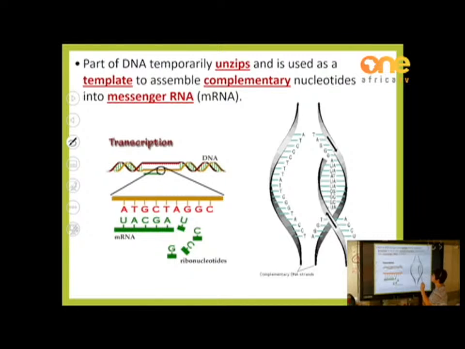So transcription: a part of the DNA unwinds, unzips, breaking the hydrogen bonds. mRNA comes and takes only the part with the code on it and copies the code from the DNA, but in a complementary message.